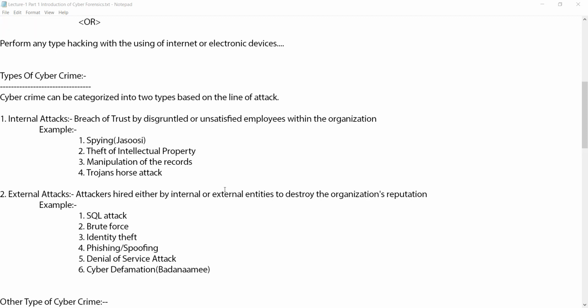In that type of attack, the cyber criminal creates a fake page that looks like an original website, and sends a message through email. For example, the email says there is some problem identifying your Aadhaar card, and suppose you receive it from a government organization.